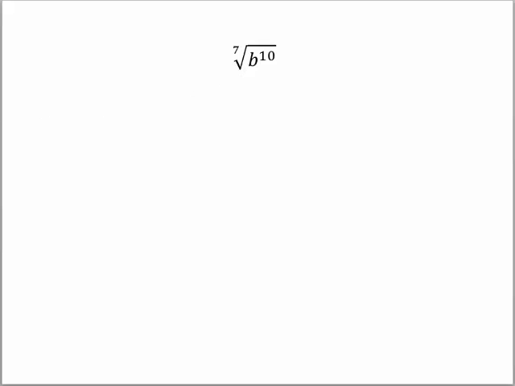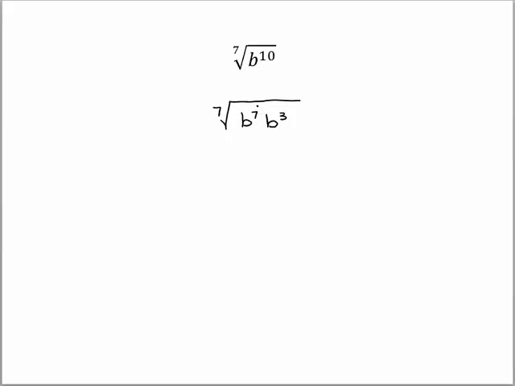Alright, now this time we have a variable. And this b is raised to the 10th, and we need the 7th root. Now again, the same way as we did with numbers, we can break this down into 7 b's, and then what do we have left? 3. And this is the 7th root again.